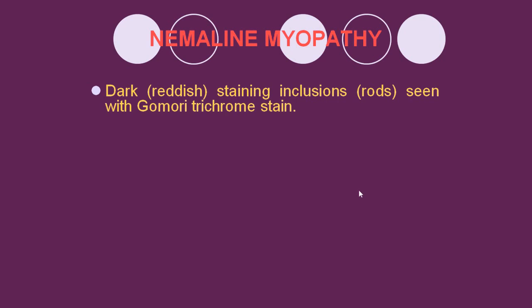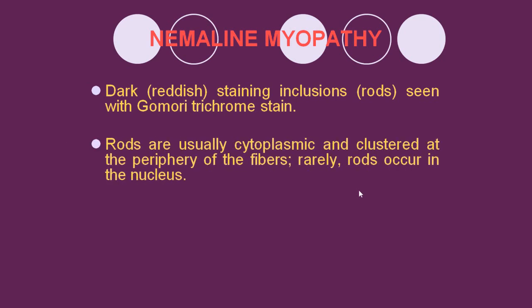Histologically, there are dark reddish staining inclusions seen with Gomori trichrome stain. Rods are usually cytoplasmic and clustered at the periphery of the fiber. Rarely rods occur in the nucleus.